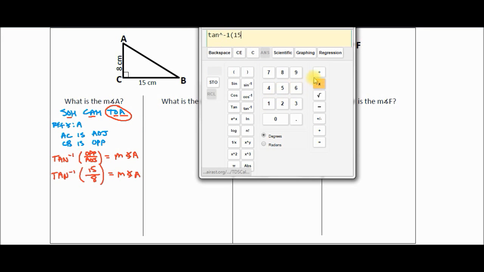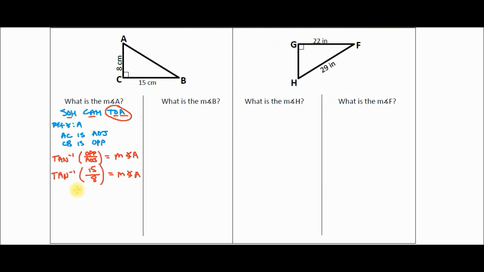So 15 divided by 8, close your parentheses, press enter, and you just found that the measure of angle A is approximately 61.9. So that means, I'm going to rewrite this, the measure of angle A is approximately 61.9 degrees. Let's go ahead and label that. 61.9 degrees.